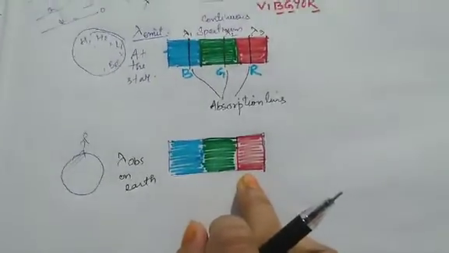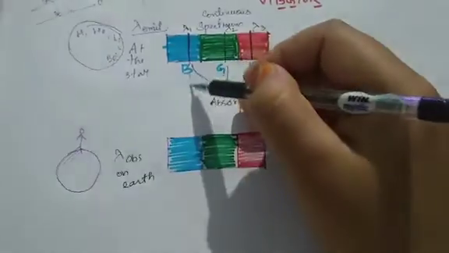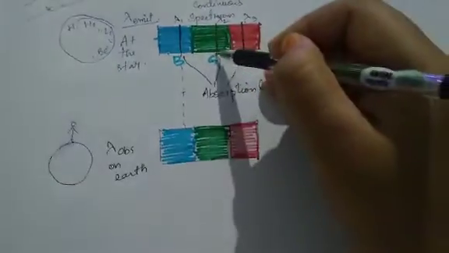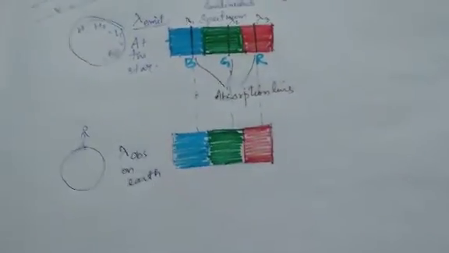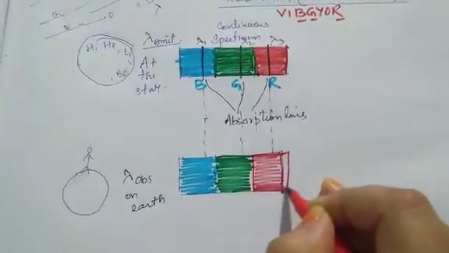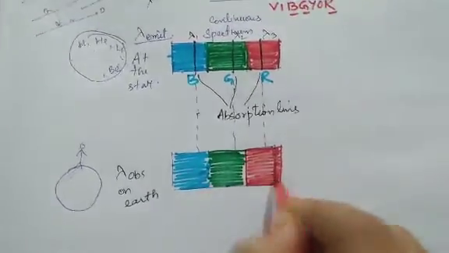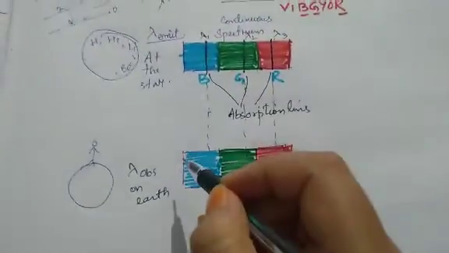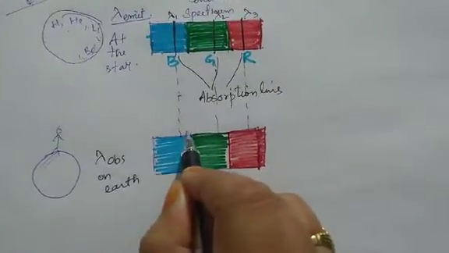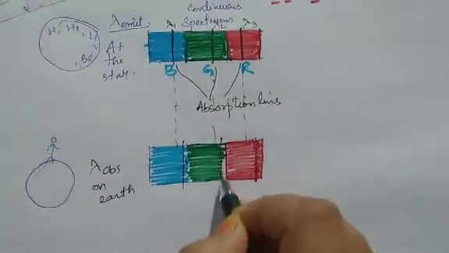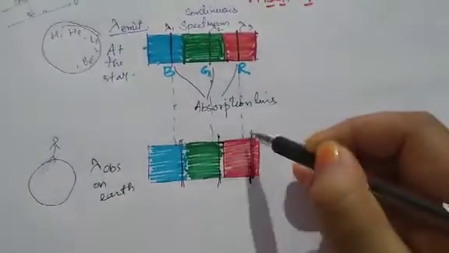But interestingly, what Hubble has seen is this: can you see this absorption line? According to the rule, it should appear here, and here, and here. Let me draw it properly. Hubble observed that these absorption lines were slightly shifted.